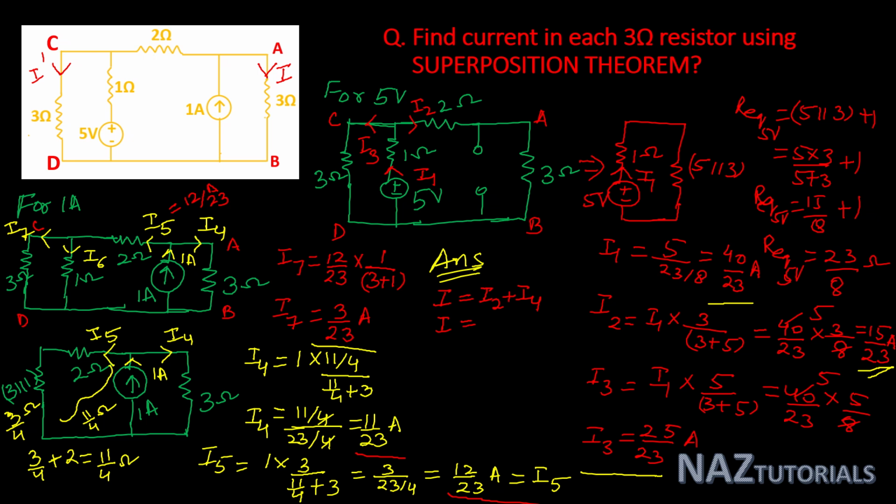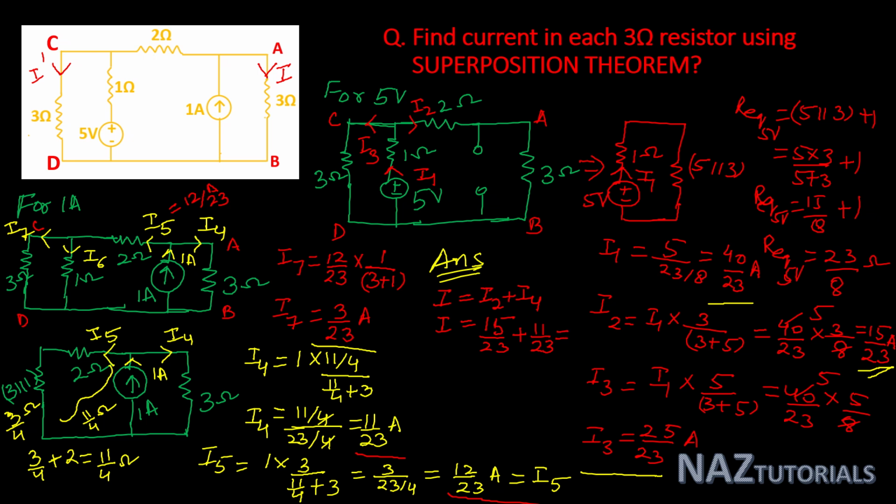So our answer for current I, let's see the solution. Our I2 is 15 by 23 and I4 is 11 by 23. So 15 by 23 plus I4 is 11 by 23.